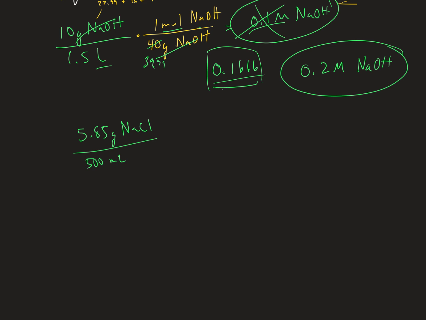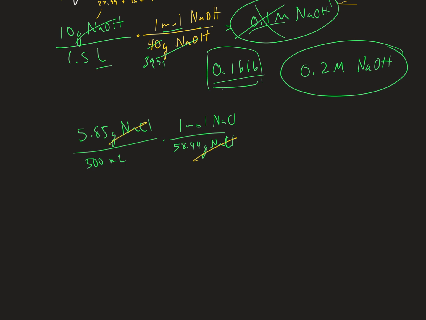Okay? We good so far? Now we got to convert grams into moles and milliliters into liters. So we got 58.44 grams of sodium chloride to 1 mole. Did I remember that right? Okay.